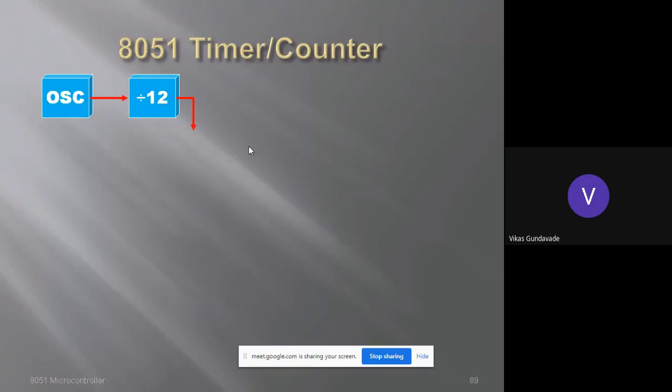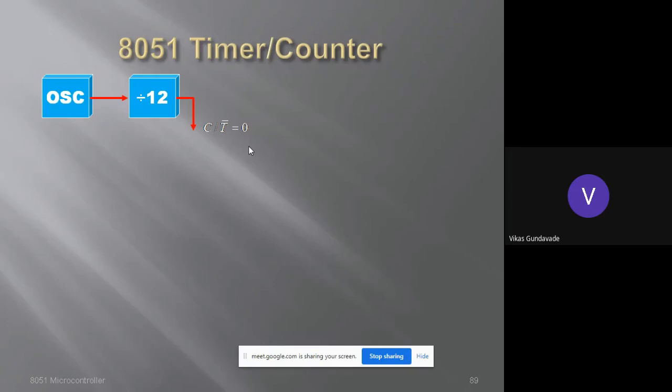When we are using the internal oscillator, it is used for a timer. When we are using the external oscillator, it is used for the counter. So when we use a particular peripheral as a timer, the internal oscillator frequency is selected. If we are using it as a counter, then the external oscillator frequency is selected.